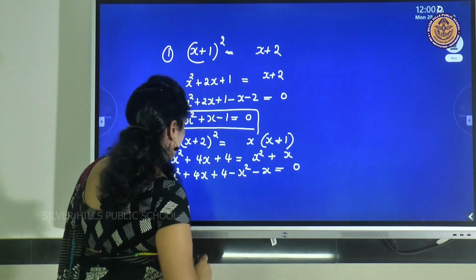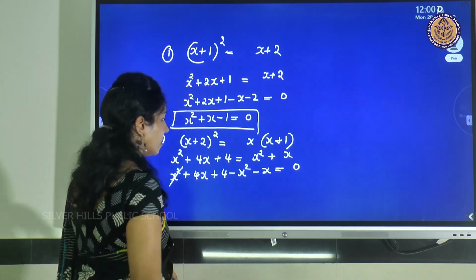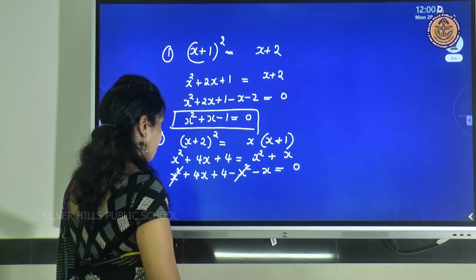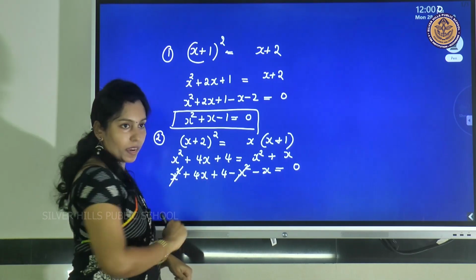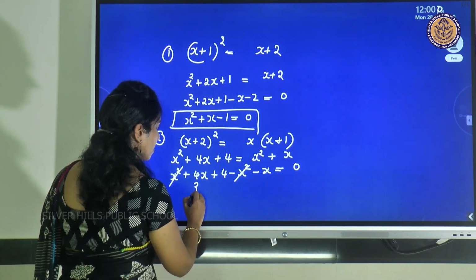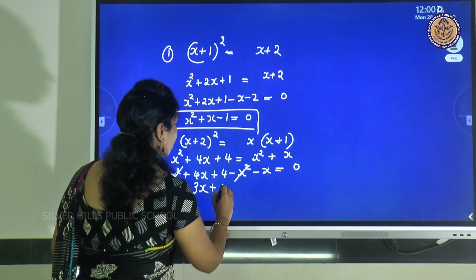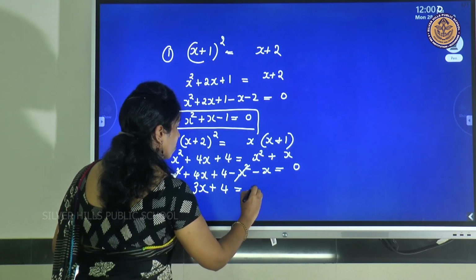Now can we cancel something here? You have x square term, minus x square is also there, it is getting cancelled. 4x and minus x becomes 3x. 3x plus 4 equal to 0.